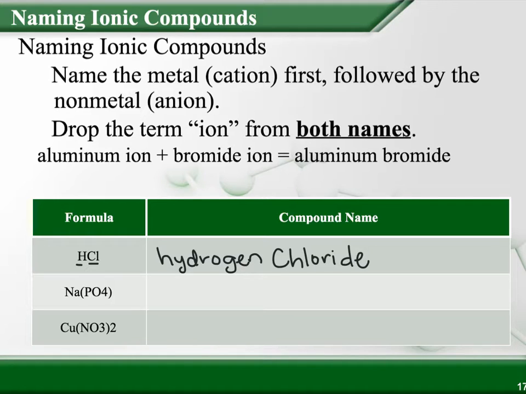And there's our first example. And then we have this guy and this guy. Note we have parentheses here, so we're going to look at the back of the periodic table for that. But sodium is our metal, and we don't change the name of the metal. And then when we look at the back of our periodic table, we see that PO4 is phosphate.